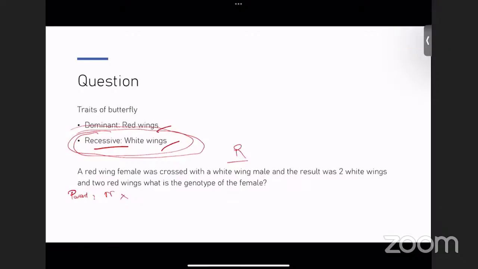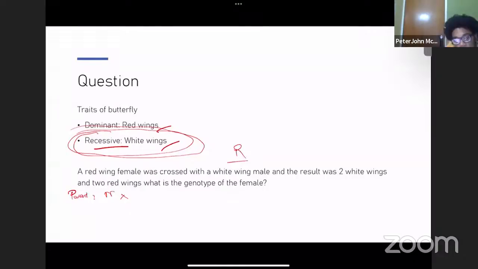I'll say homozygous dominant. Type in the chat, don't be afraid. It's just what you think.